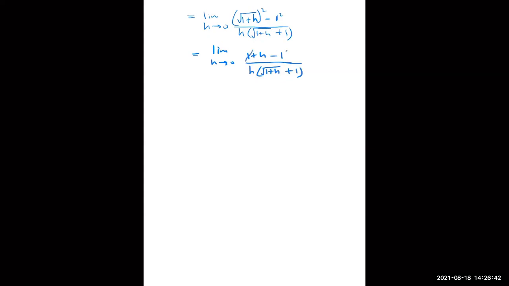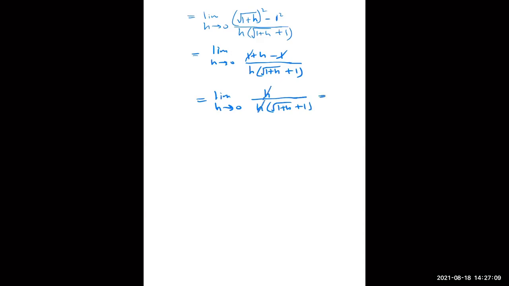Now this 1 and 1 will be cancelled. And then after that, this h and this h will also be cancelled, right? h is in the top, h is in the bottom. So at the end of the day, as h approaches 0, you have 1 over square root of 1 plus h plus 1.